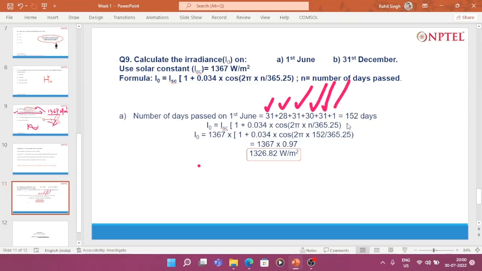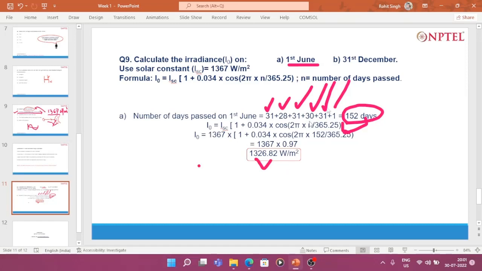So a total of 152 days have passed for 1st June. So the n value is 152. We put the values here and just calculate. This gives 1326.82 watt per meter square.